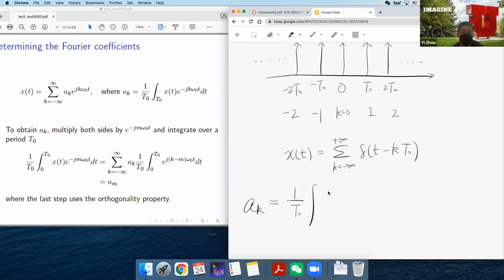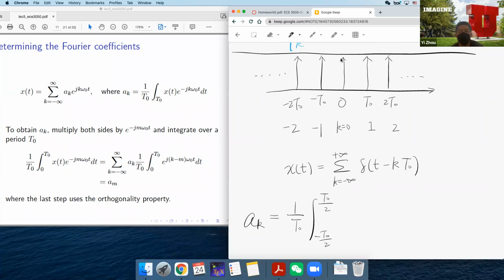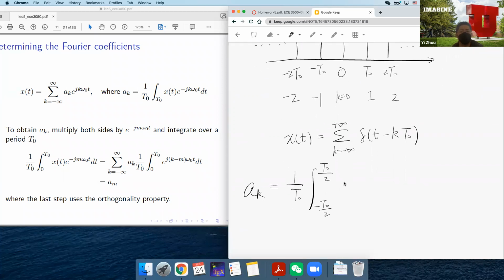So I can take negative T0 over 2 to T0 over 2, which only includes one impulse centered at the origin. So with that, I have a summation, and because I used k here, I'm going to use a different notation for the index.